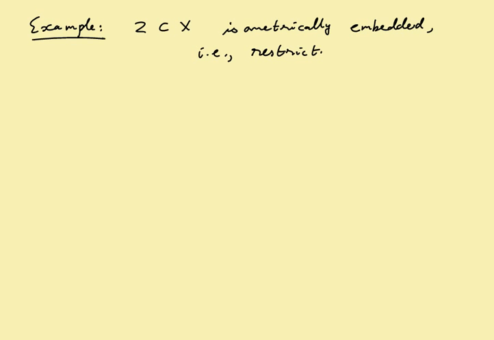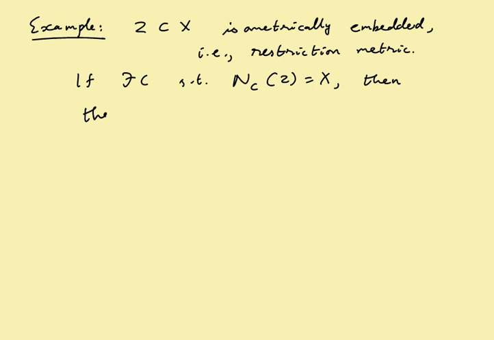So the metric on Z comes from restriction of the metric on X. Then what happens if there exists C such that the neighborhood N_C of Z equals X? Then the inclusion map, in fact, inclusion function, let's say, is a quasi-isometry.